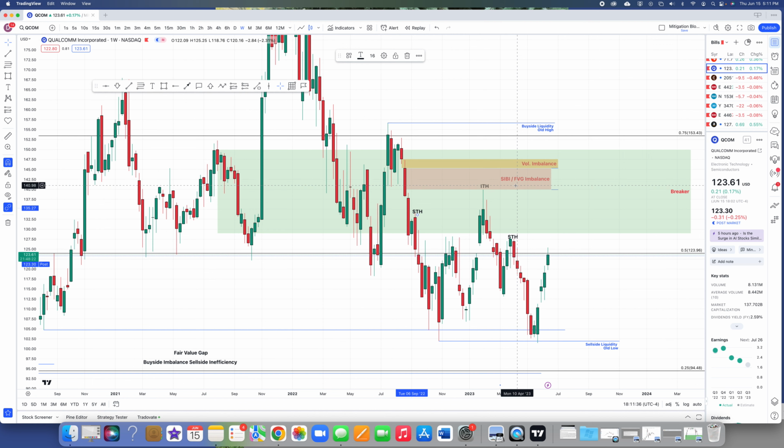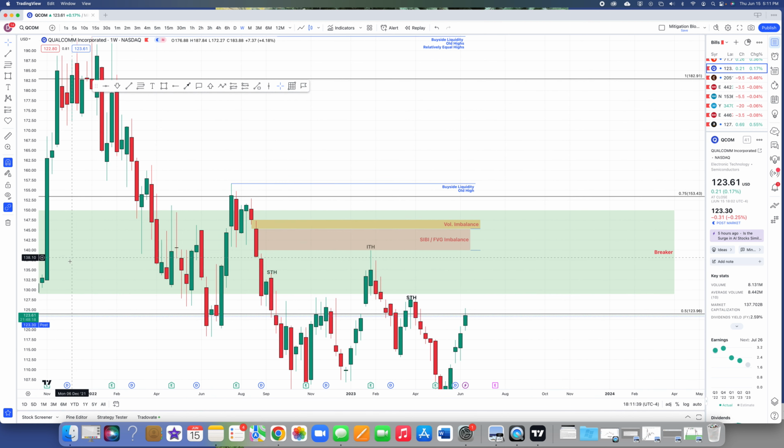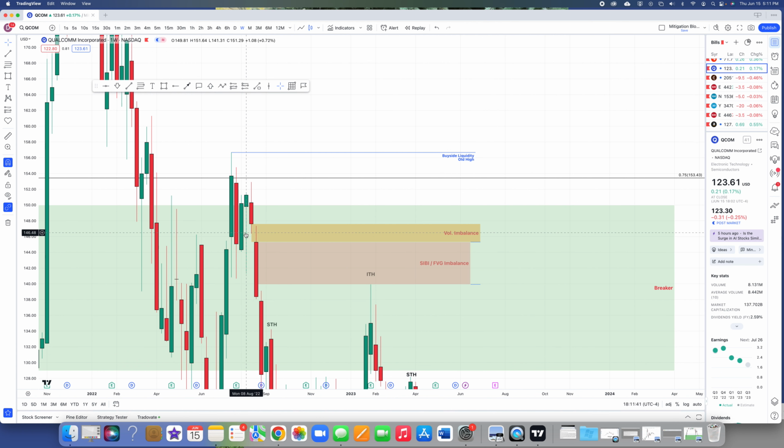And we also have an imbalance right here. I, in particular, have not studied enough to know if the imbalance just starts from this candle's high right here, where I have the red box, and then ends right here. I'm not sure if the imbalance itself goes all the way up here. I personally don't think that that's going to hurt you, in my opinion.